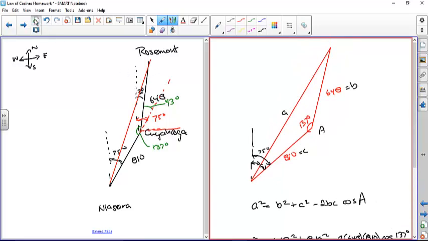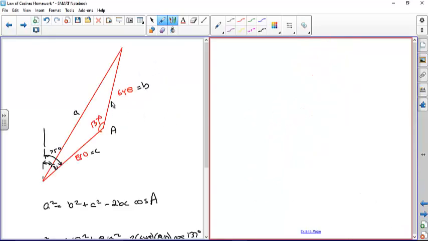Since we're dealing with the law of cosines, let's just use that. And so the cosine of B, which is this angle, is going to be equal to a squared plus c squared minus b squared over 2 times a times c. So that's the alternative form.